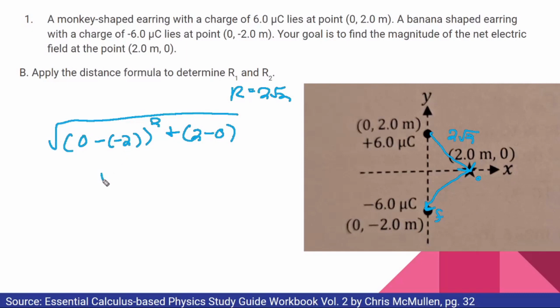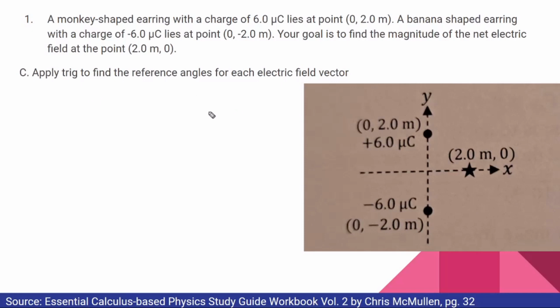This ends up being 2 squared, which gets us 4, and this also ends up as 2 squared, which is 4. Root of that, we get the square root of 8. And what do you know? R2 is also 2 times the square root of 2.